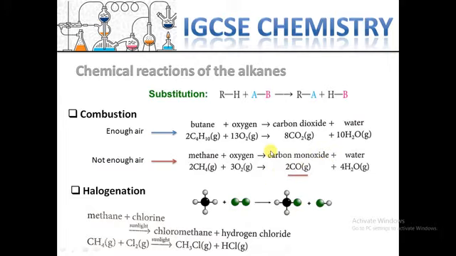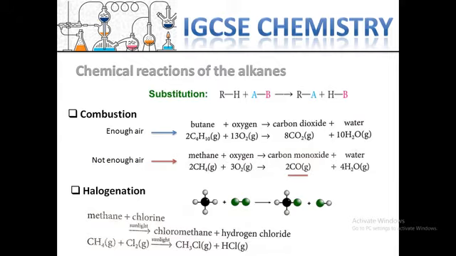Carbon monoxide is very poisonous, and you can refer to chapter 1, lesson 1. Carbon monoxide is considered a poisonous gas, which is very dangerous if you face high concentrations of it.